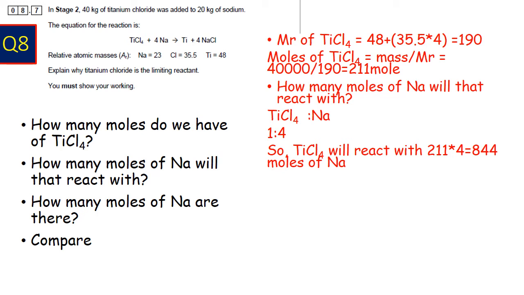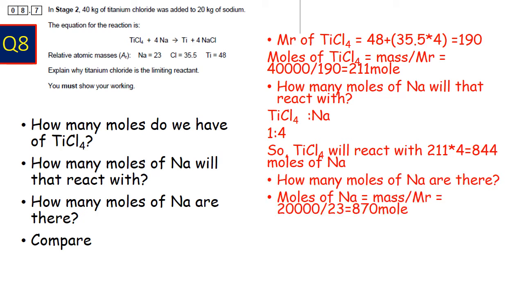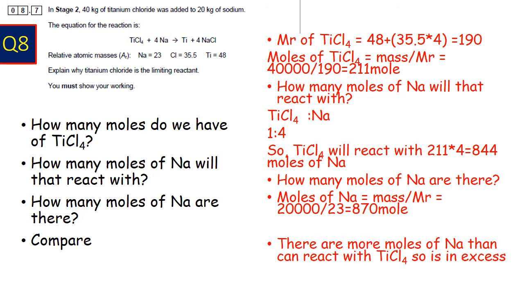So now we need to see how many moles of sodium we put into that reaction. We had 20 kilograms, that's 20,000 grams. We divide it by the Ar of 23, and that gives us 870 moles. If we compare those numbers, for the amount of titanium chloride we had, it only needs to react with 844. So we've got more sodium than we need. And that shows that the sodium is in excess and that the titanium chloride is the limiting reactant.